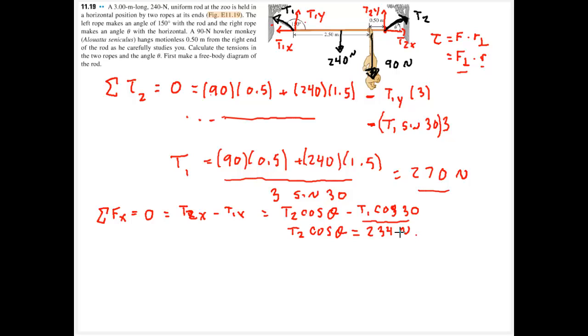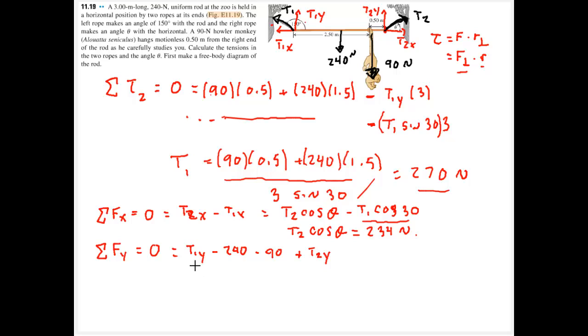Now I say, okay, what is the sum of the forces in the y direction? Objects in equilibrium must also be equal to 0. So here I have tension 1 in the y direction, and minus the 240 newtons from the weight of the board, and 90 newtons in the downwards direction, and I have tension 2 also in the y direction.